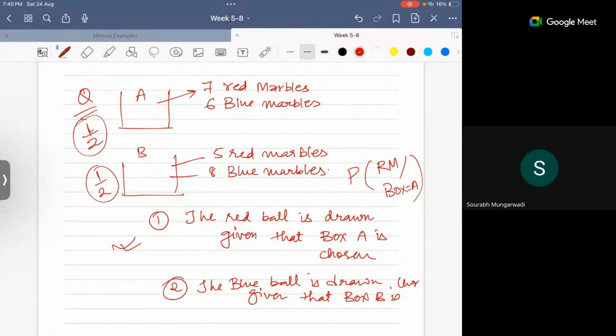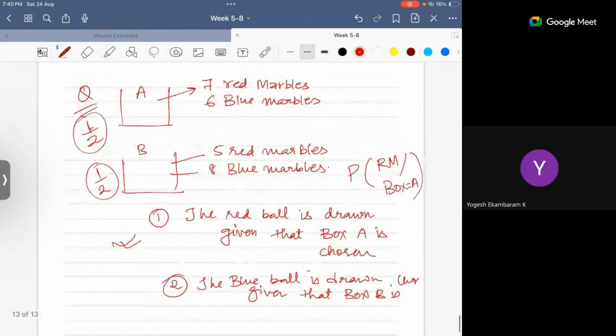Probability of choosing box A, that means, into... No, leave that formula, the conditional probability formula.